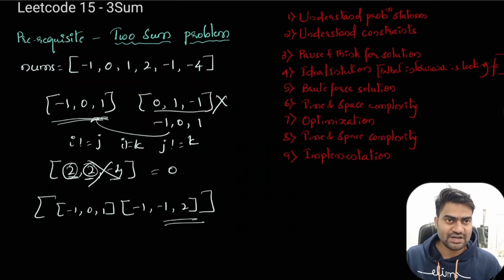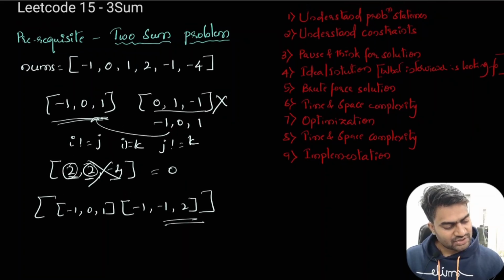I highly recommend you go back to my two-sum video. We will use the better and best solutions from the two-sum problem to solve this three-sum problem. I will leave that link in the description.